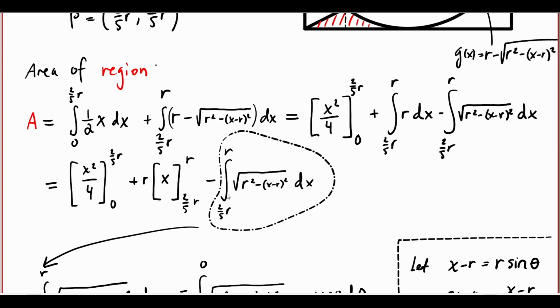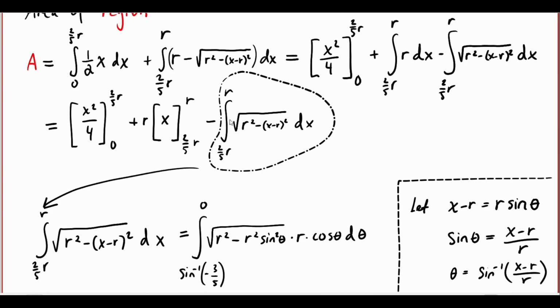And then we have this integral here, and we have to focus on it, which is quite complicated to solve. If you look at it, we have the integral from 2 over 5r to r of the square root of r squared minus (x minus r) squared dx.